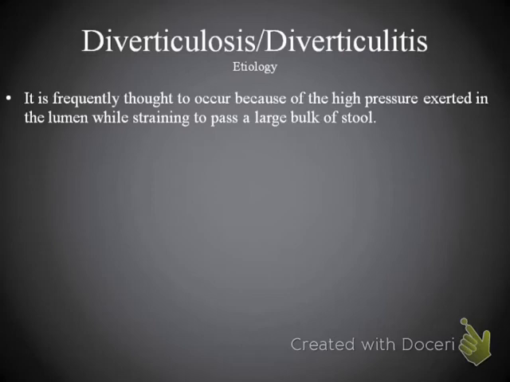And so once again, this high pressure that's exerted into the intestines actually causes these ballooning or outpouchings. And so that's why patients who have a great deal of difficulty using the bathroom, having a bowel movement, usually are the ones that will be having diverticular disease.